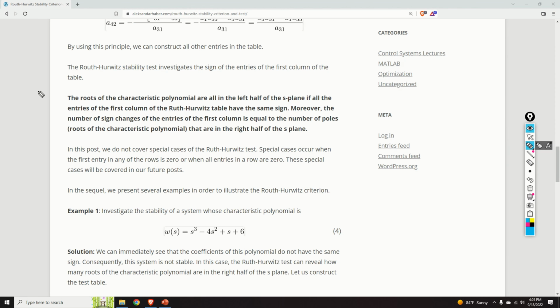Now we are ready to formally state the Routh-Hurwitz stability test. This test investigates the stability of a dynamical system by inspecting the sign of the entries of the first column of the table. We can formally state this test as follows.